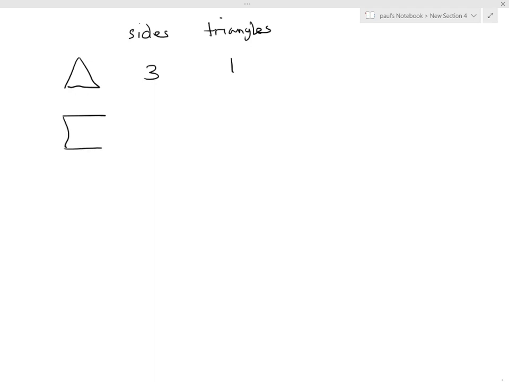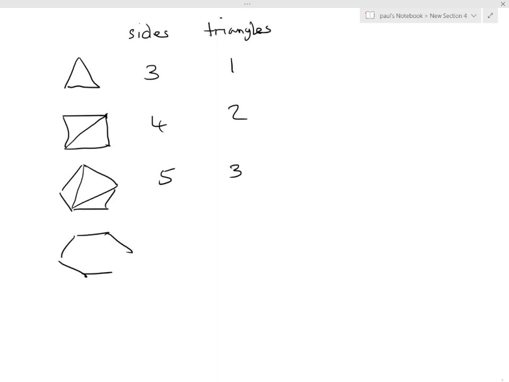A square would have 4 sides, 2 triangles, as we did up there. A pentagon will have 5 sides and 3 triangles, and the hexagon has 6 sides and 4 triangles. So there's always 2 fewer triangles than there are sides.